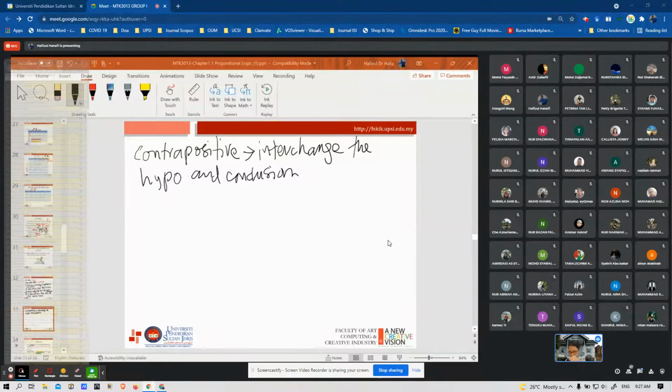First you need to do the inverse, and then you interchange.